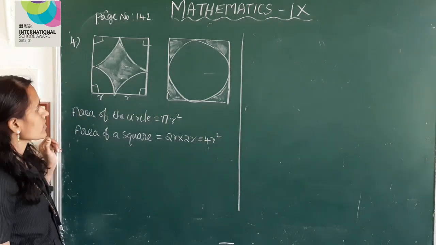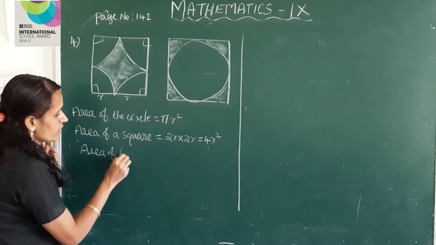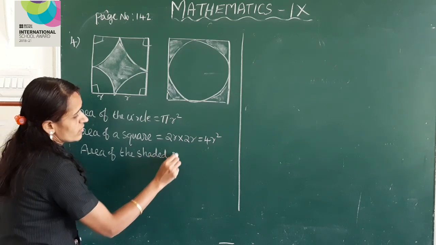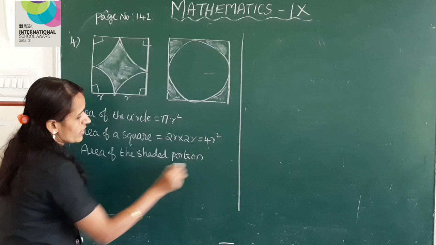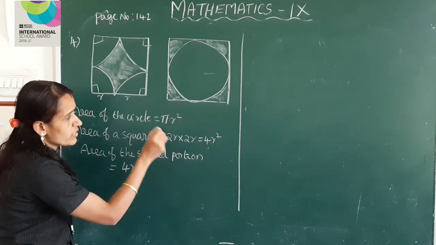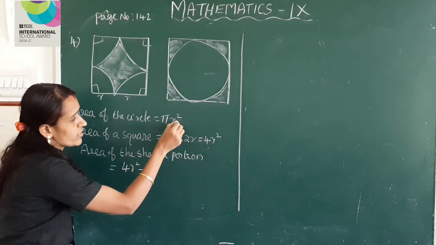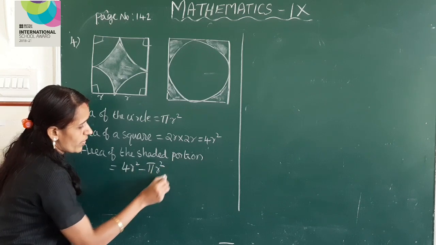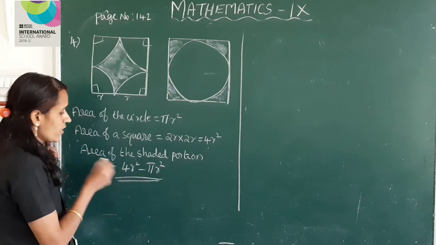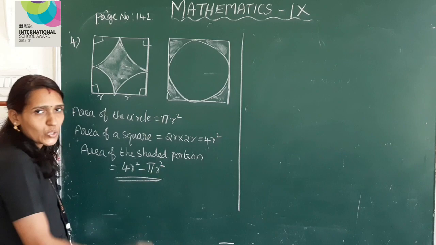Okay, next area of the shaded portion is equal to area of the square minus area of the unshaded portion. Area of the unshaded portion is pi r square. So 4r square minus pi r square. Area of the shaded portion is 4r square minus pi r square.